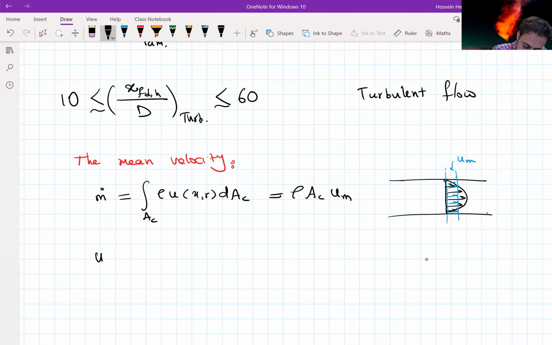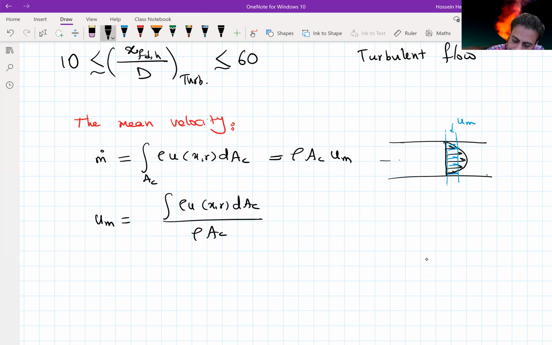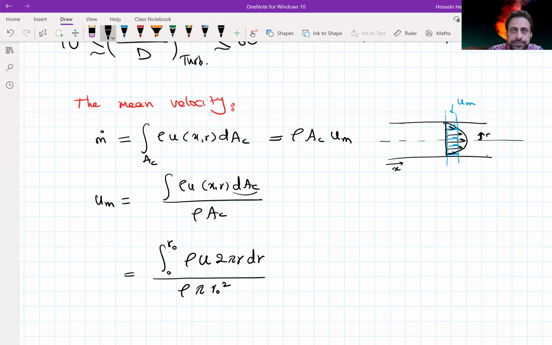So from the definition, U_m would be the integral of rho u(x, r) dAc divided by rho Ac. If I consider this one as the r direction and this as the x direction, we know in the fully developed regime u is not really a function of x, but I'm going to keep it there. So it's going to be the integral from 0 to r0 of rho u, where the incremental cross-sectional area dAc is 2 pi r dr, divided by rho pi r0 squared.